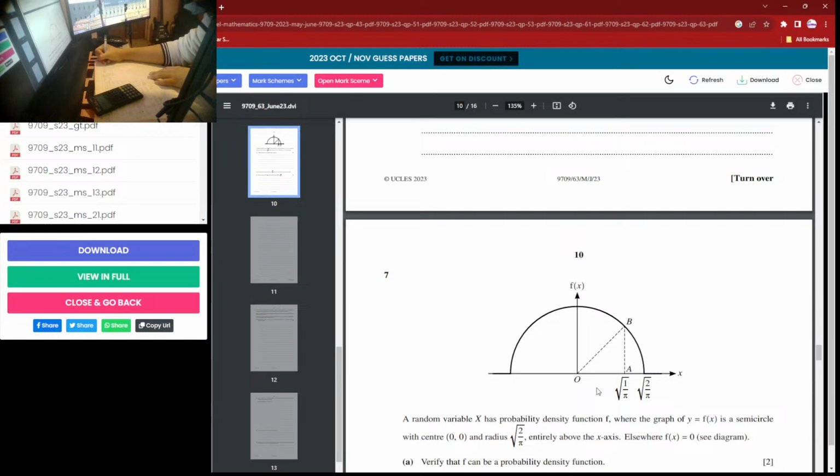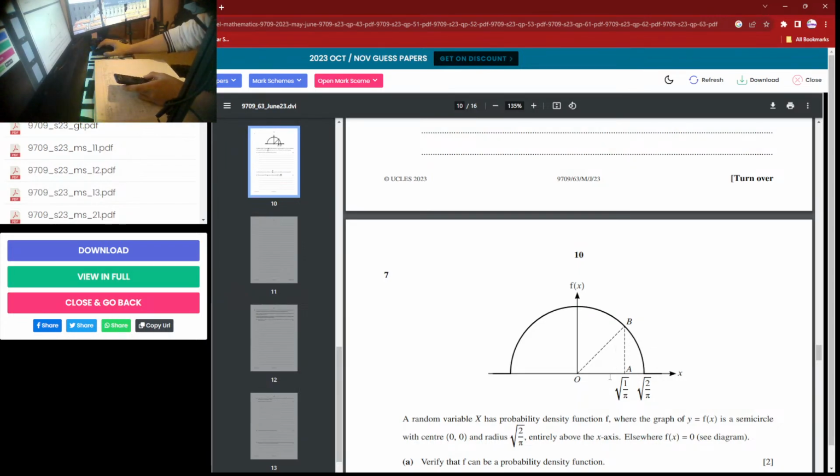So it's half times root 2 over pi squared times 1 over 4 pi. That gives us 1 over 4.